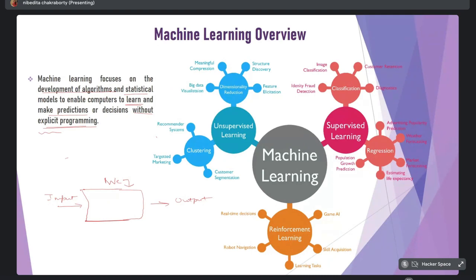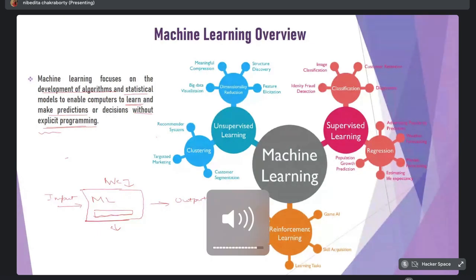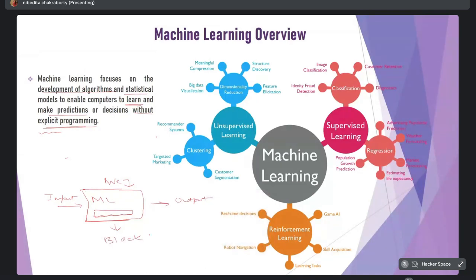But what the machine learning is going to do is define the algorithms inside this box. We do not know what kind of algorithm machine learning uses. We have no idea because it's very complex to understand. Therefore we call this box a black box.